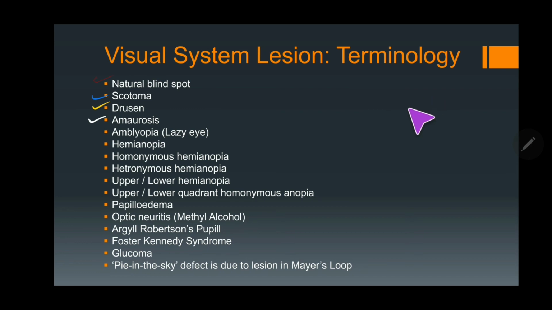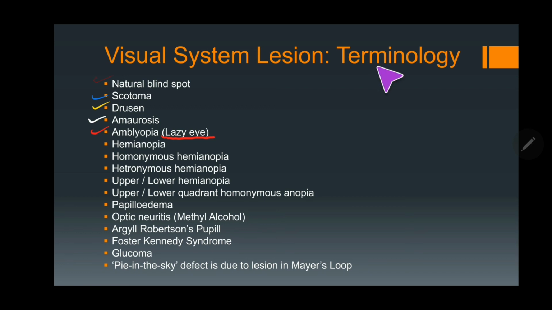Then the other one is amblyopia. That's called a lazy eye. Amblyopia is gradual diminishing or hazing of vision in one eye. So that's called amblyopia. Got it?